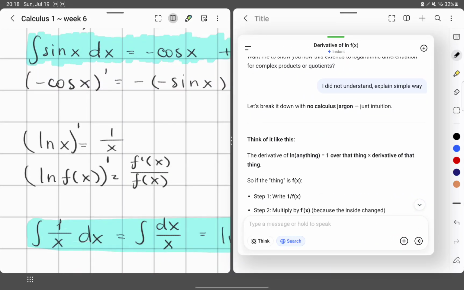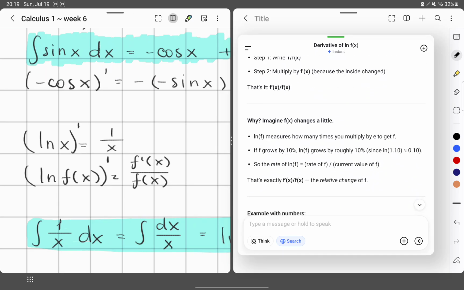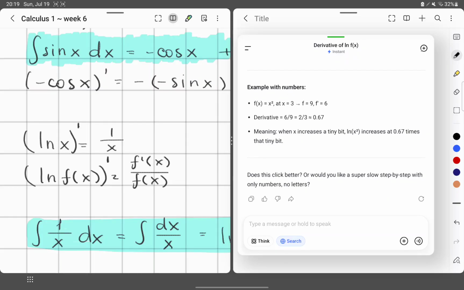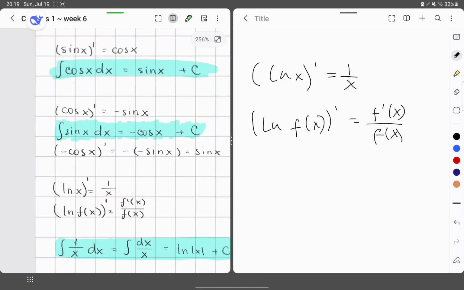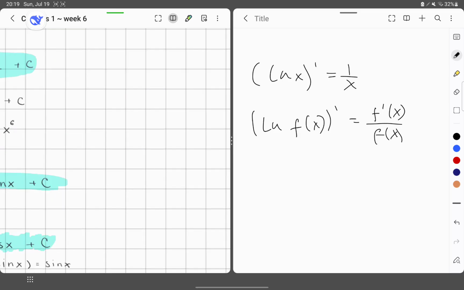Okay, the derivative of ln of anything equals 1 over that thing, f(x), because of the inside change. So we know that the integral of 1 over x dx will be ln x plus c.